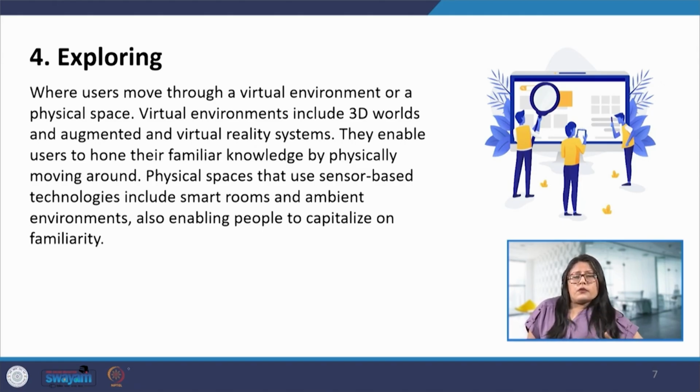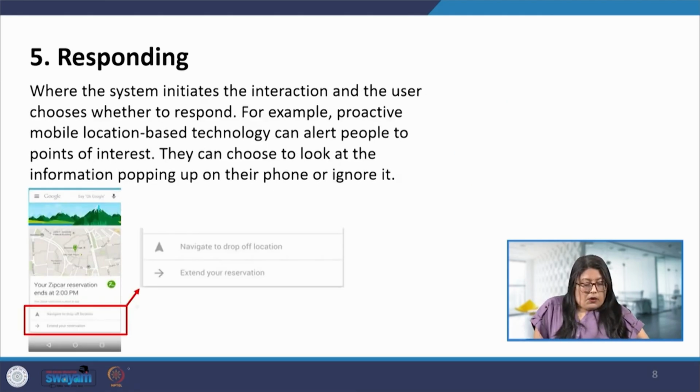It is used for pilots and soldiers. They have many applications where, without being there, the person can actually learn the technique. When it comes to physical spaces, we can use sensor-based technologies that include smart rooms and ambient environments, and these enable people to capitalize on familiarity.